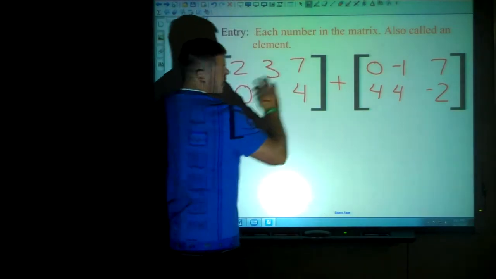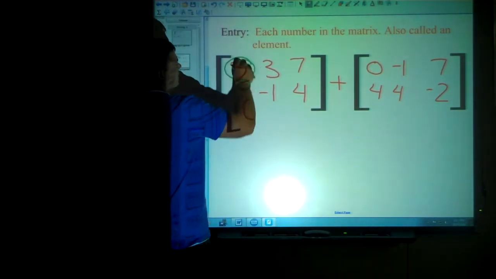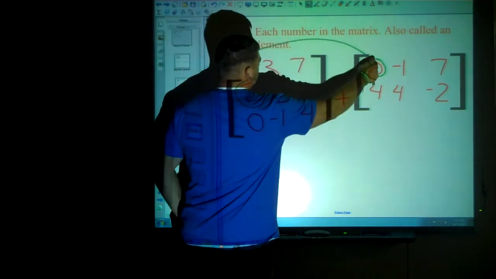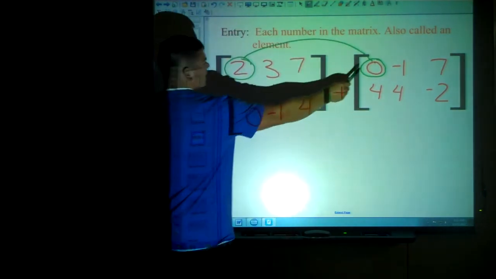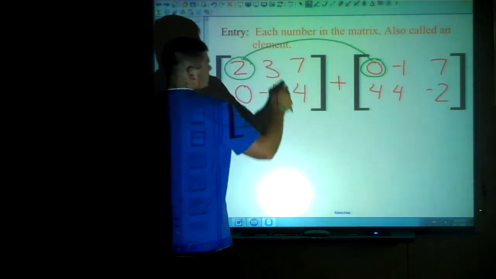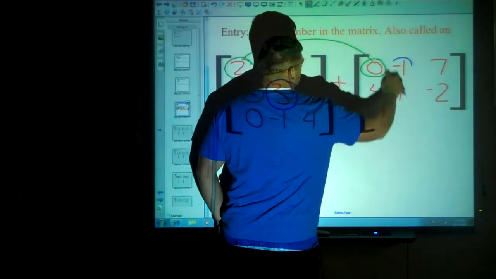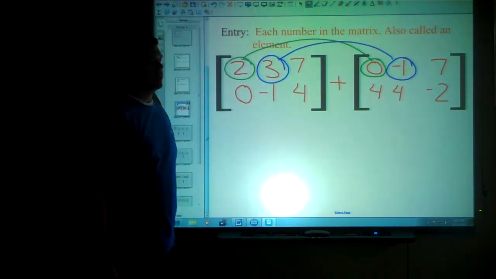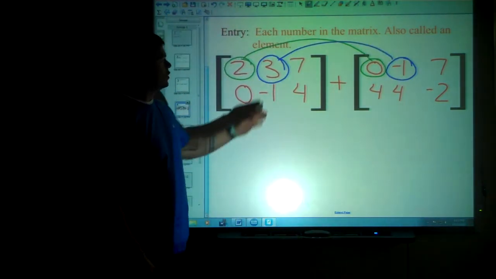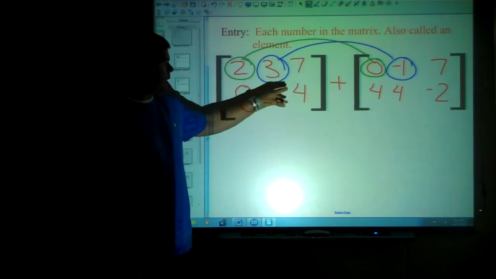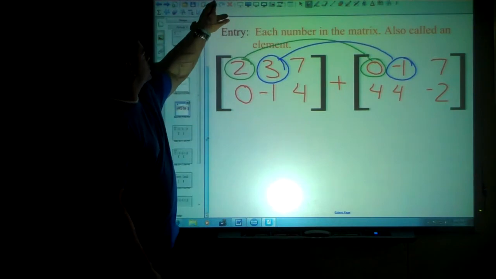If I do, like in this scenario, then this value is in the exact same location as this value, and I will add those two together. The 2 will add with the 0 and become 2. And then this 3 is in the same location as this -1, so they will add together to create 3 plus -1, which is 2. And you do that for each corresponding location, which is the word for matching, of this entire matrix.